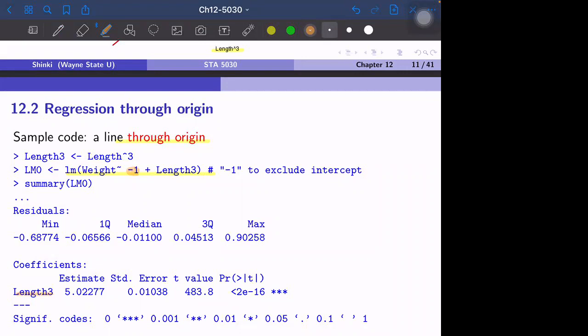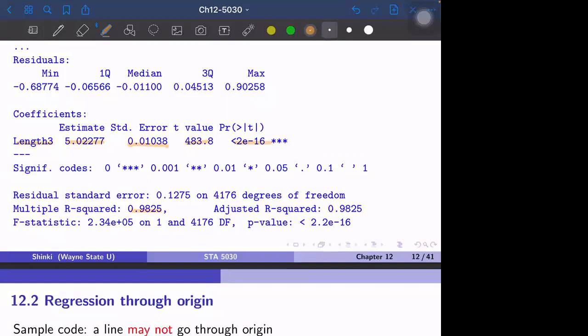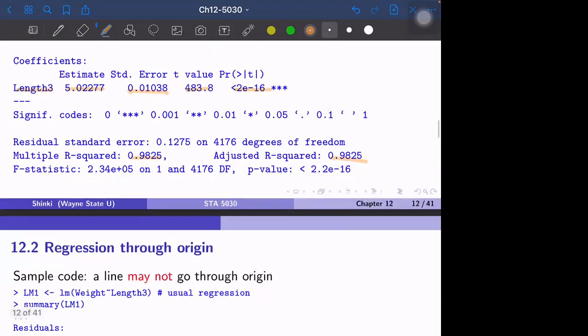And we can see the coefficient of length^3 estimate is 5.02 with standard deviation 0.01. So it's very highly significant. We will explain this later, and adjusted R squared is 0.9825.